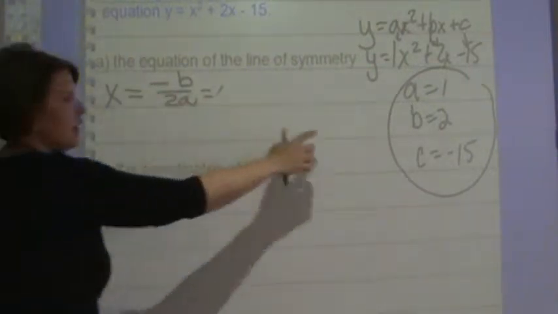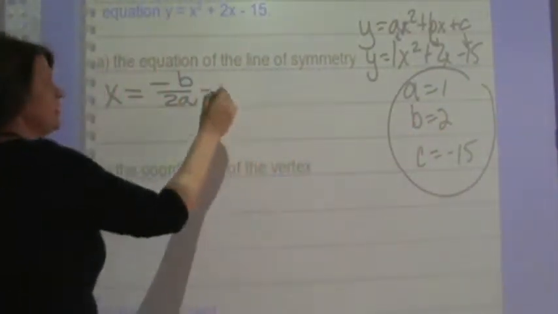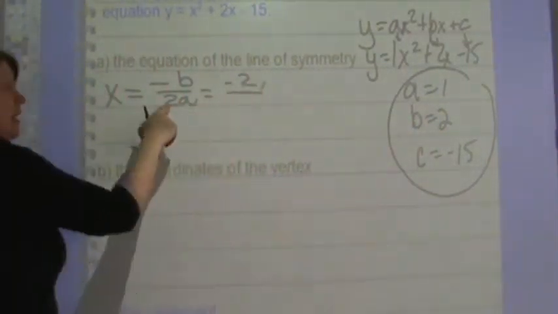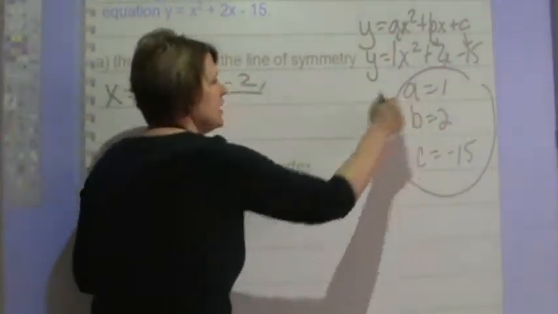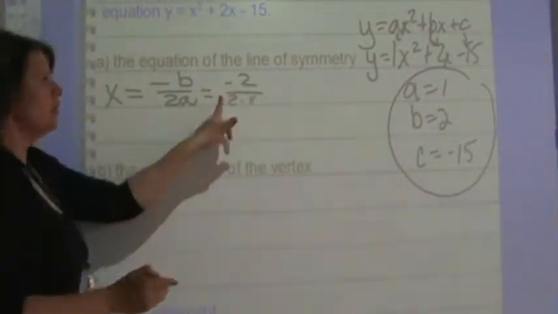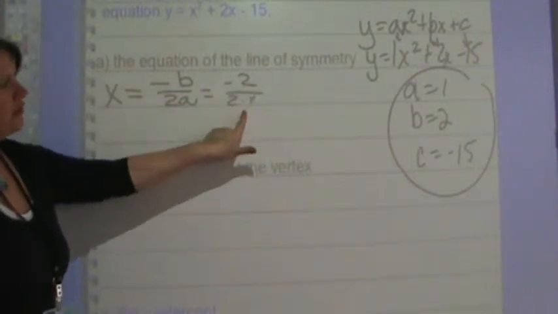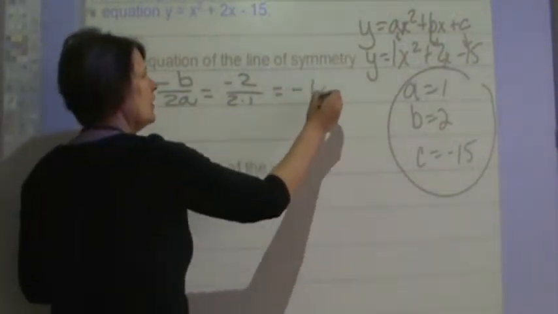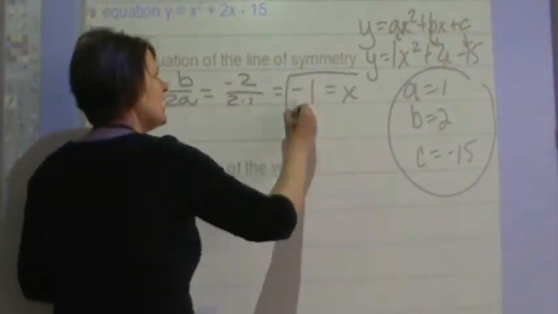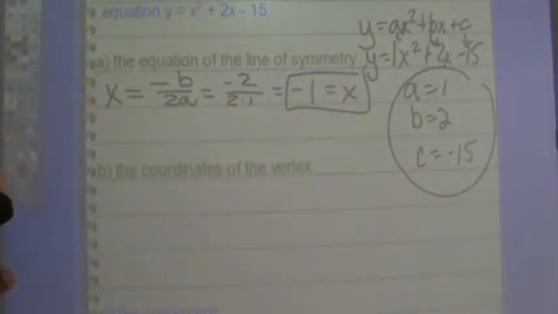B is 2, so the opposite of 2 is negative 2, and 2 times a is 2 times 1, which is 2. Negative 2 over 2 is negative 1. So x equals negative 1 is my line of symmetry.